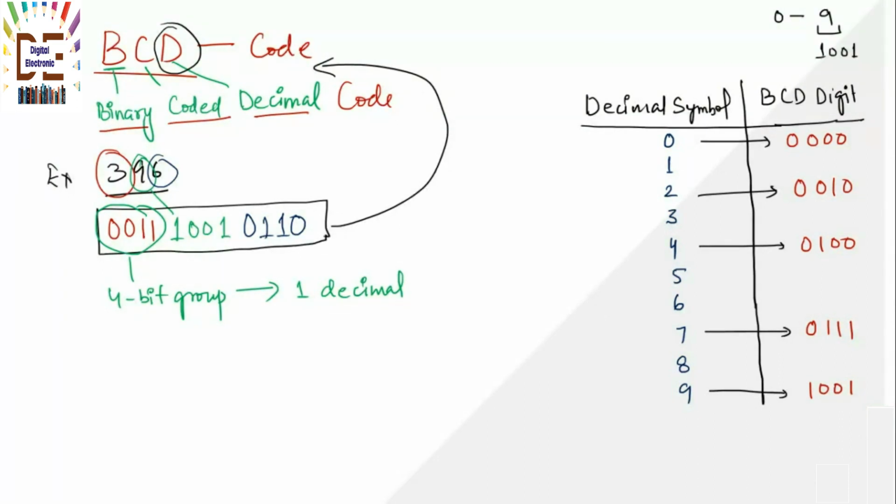Let's say we have to add two numbers. How are we going to add them? Let me take an example: 4 plus 5 in BCD. What will be my answer? 4 plus 5 is 9. Performing this operation in BCD, 4 is 0100 and 5 is 0101.